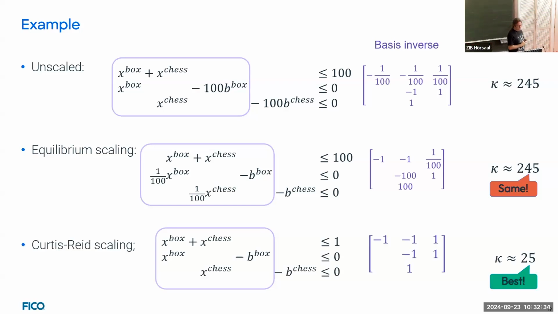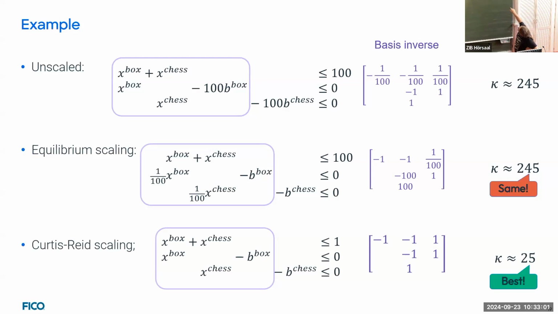If you look at Curtis-Reid scaling, however, this is the solution that it would come up with. We can actually scale the problem such that we have coefficients of ±1 everywhere. So how would we get this? Well, essentially, we can simply divide these.